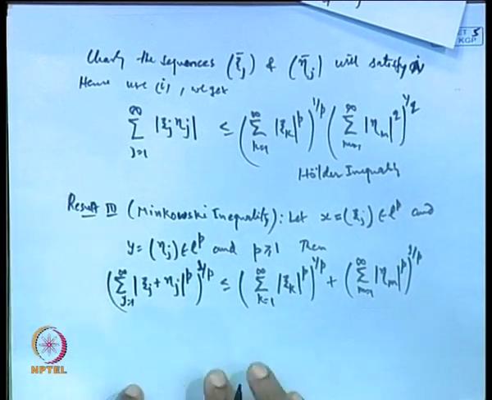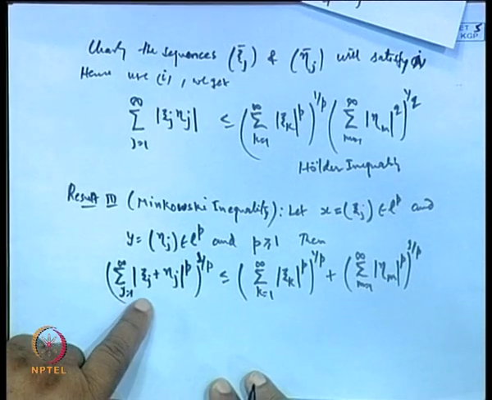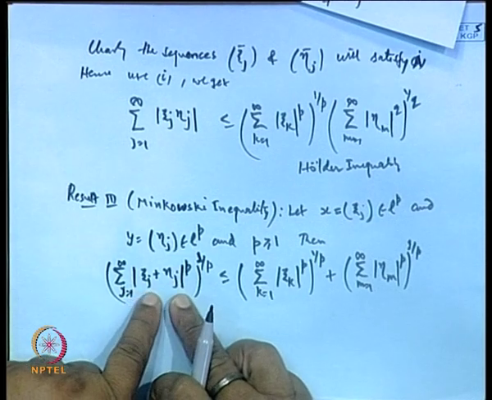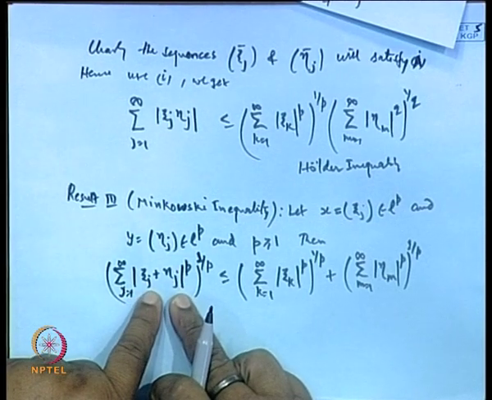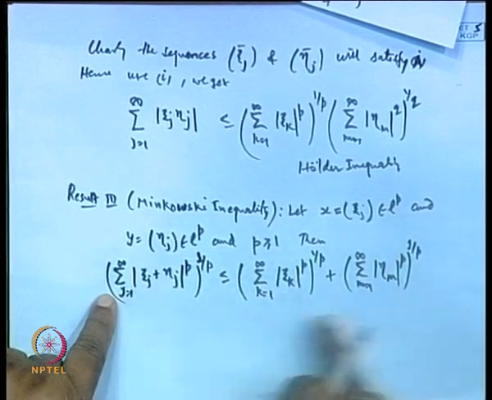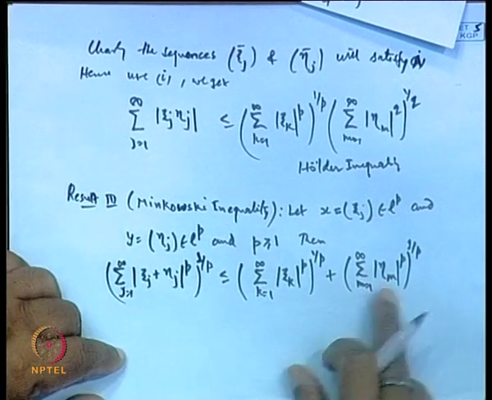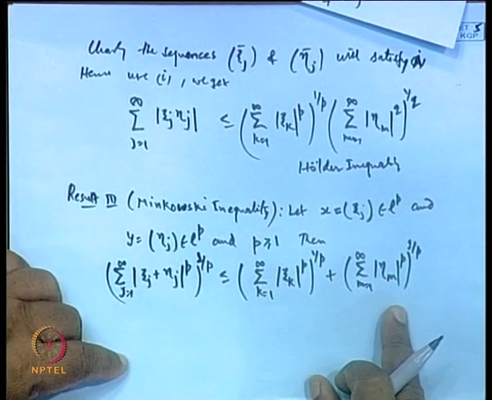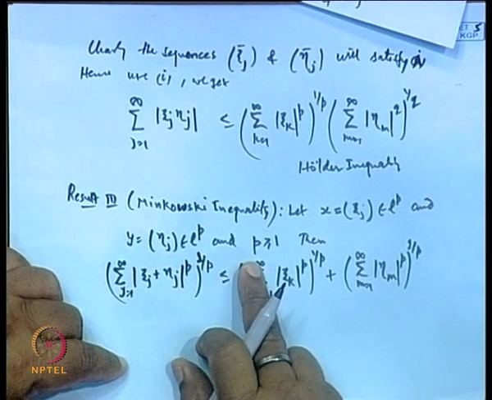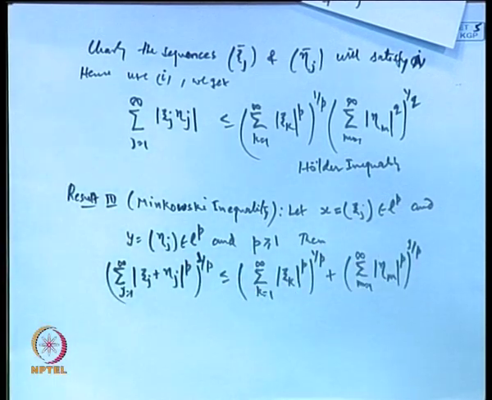Okay. So, basically this inequality says that we can write down the sum of the two sequences in terms of this inequality. ξ_j is one sequence, η_j is the other, and the sum of the two sequences has this relation, which is valid for all p greater than or equal to 1, and x and y are in l^p.